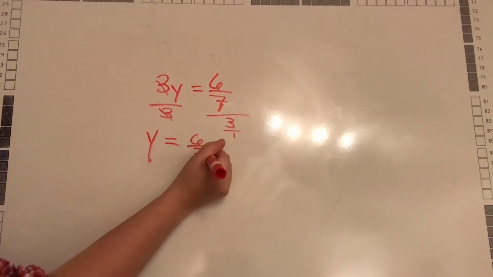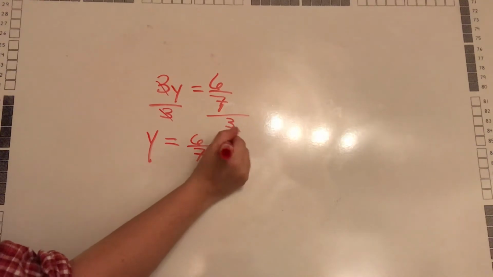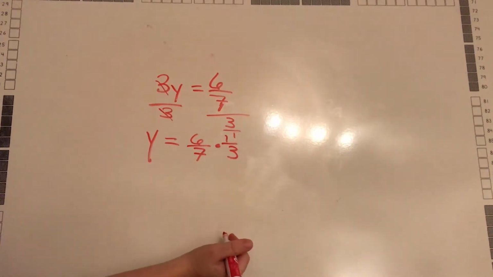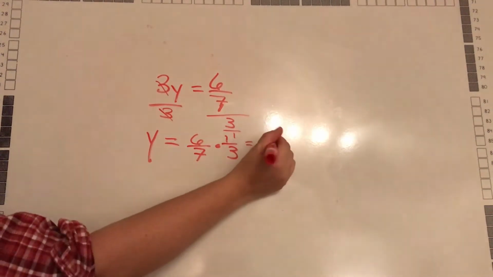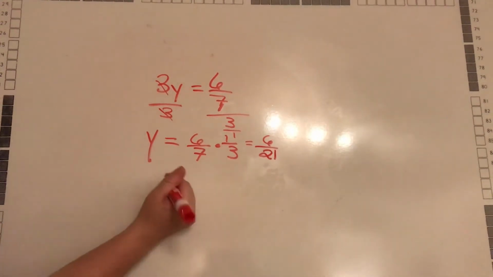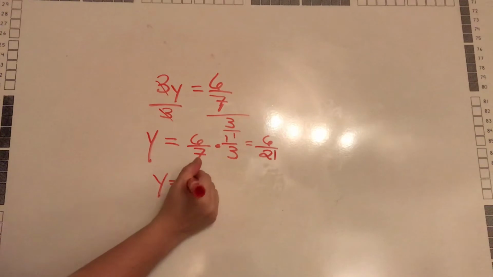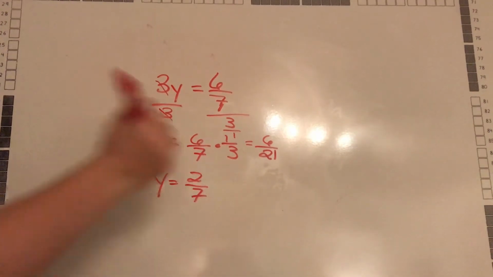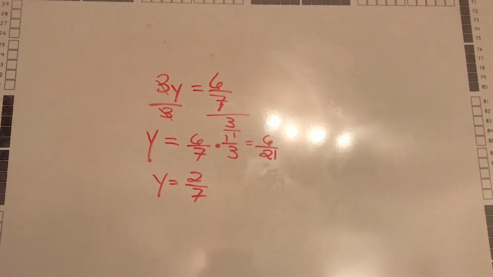So 6/7 times 1/3, which gives us 6/21. Now we can simplify that to 2/7. So y equals 2/7.